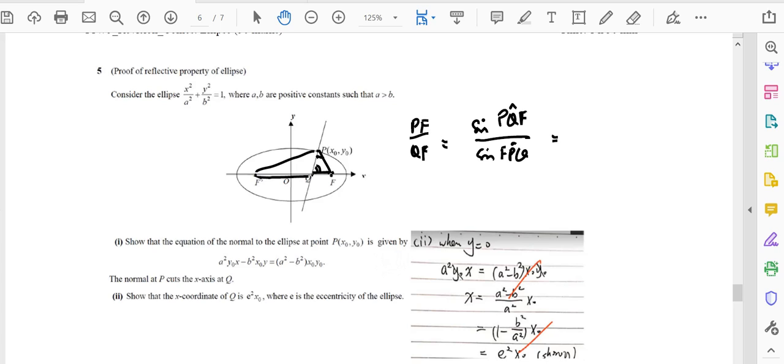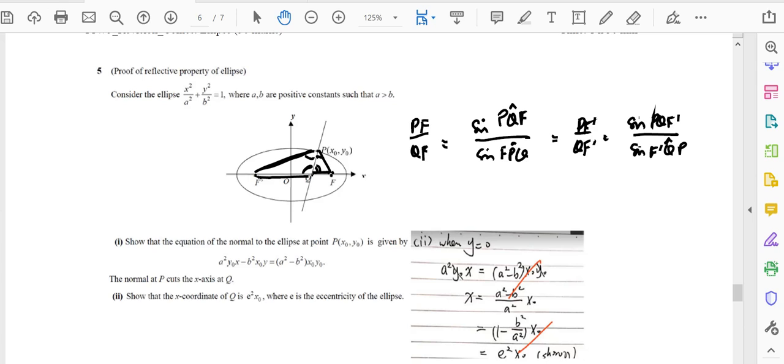Similarly, what is PF prime over QF prime equal to? Likewise, this ratio will be equal to the sine of this angle here, PQF prime, over the sine of the opposite angle, F prime QP.